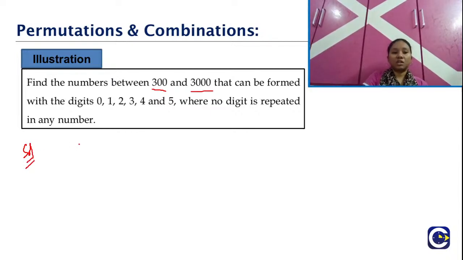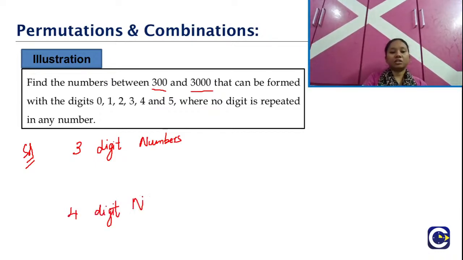It will be 3-digit numbers, as well as 4-digit numbers also. So we have to find the number of numbers between them, the 3-digit numbers as well as the 4-digit numbers, and then add them using these digits alone.